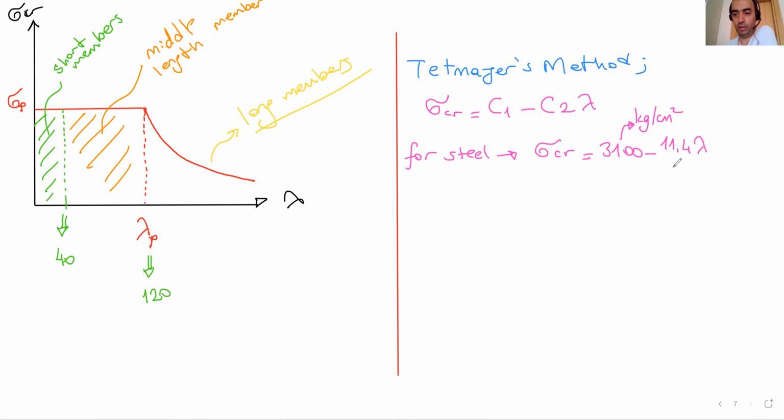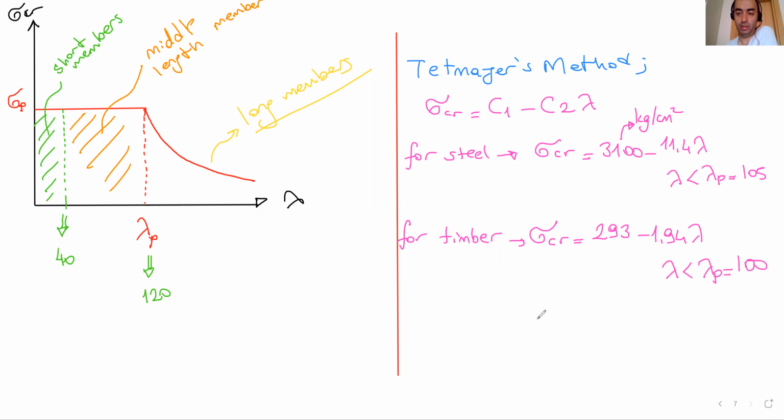When we use it, if our lambda is less than lambda p equals 105 for timber, because these equations change according to the material. Sigma critical equals minus. We use this equation when lambda is less than lambda p equals 100. Okay.